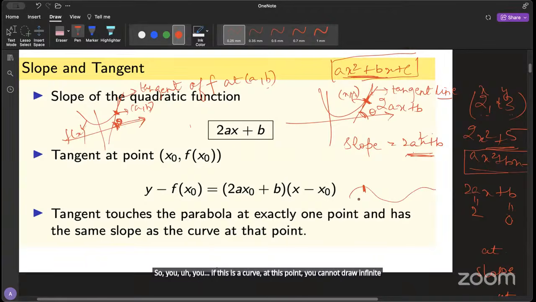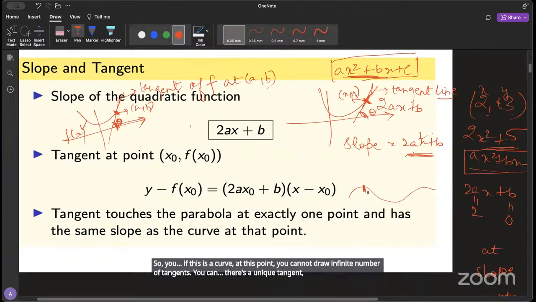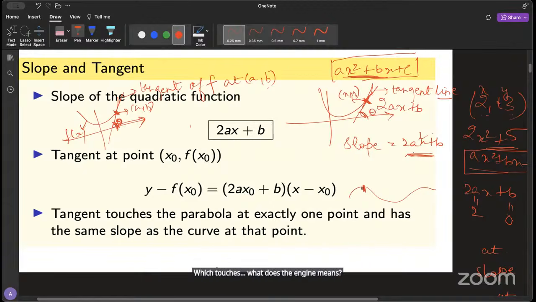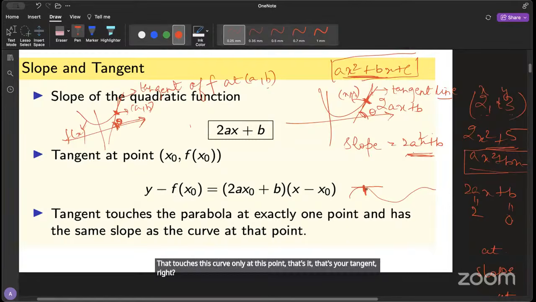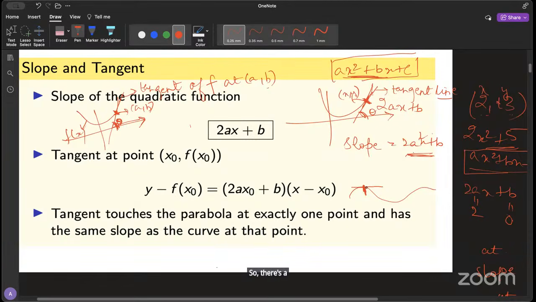There's a unique tangent which touches the curve. What does tangent mean? It means this is a line that touches this curve only at one point. That's your tangent, right? Tangent is always unique. There are not infinitely many tangents to a curve at a point.